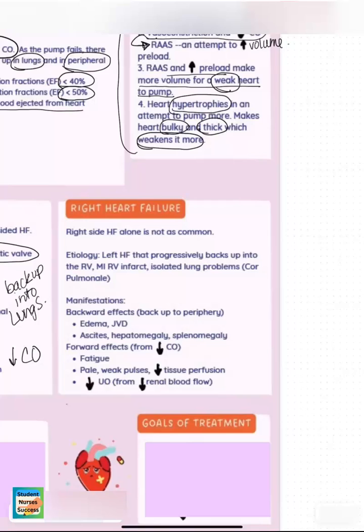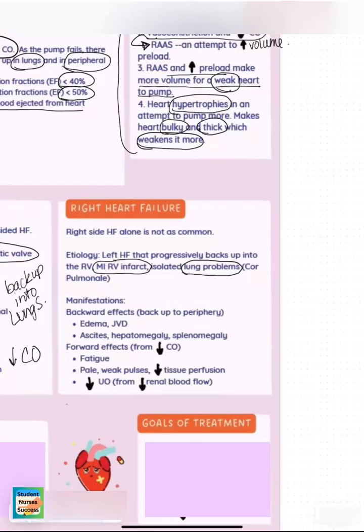The cause of isolated right-sided heart failure would be something like a myocardial infarction in the right ventricle, if there was a blockage in the right coronary artery, or if there was some type of lung problem, some issue such as COPD, which we call cor pulmonale, or some type of lung disorder or lung disease that can cause the right ventricle to have to pump harder to get blood into the lungs, perhaps pulmonary hypertension or something along those lines. If the right ventricle has to pump too hard, it will over time weaken and blood will back up.